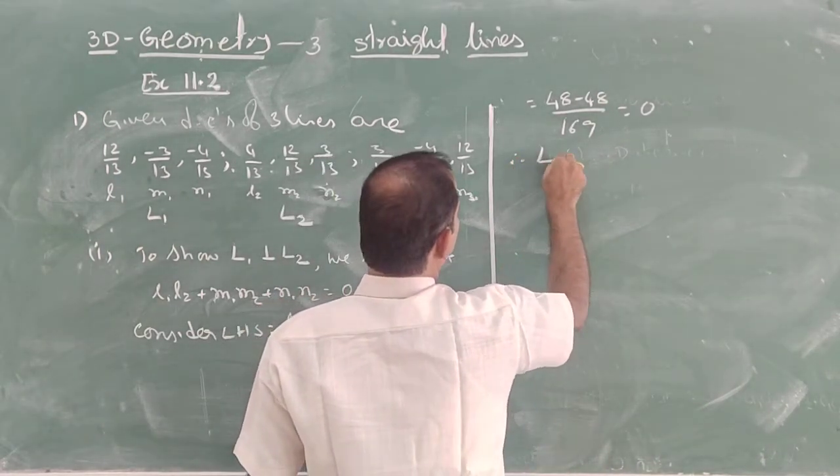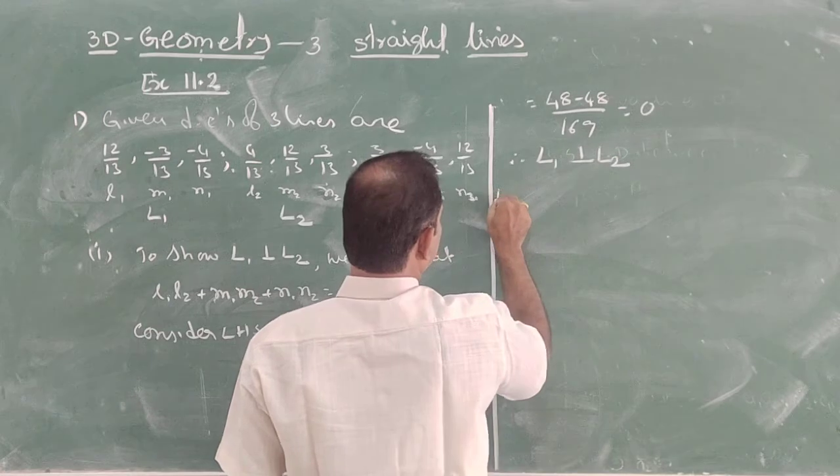Therefore, line 1 is perpendicular to line 2.